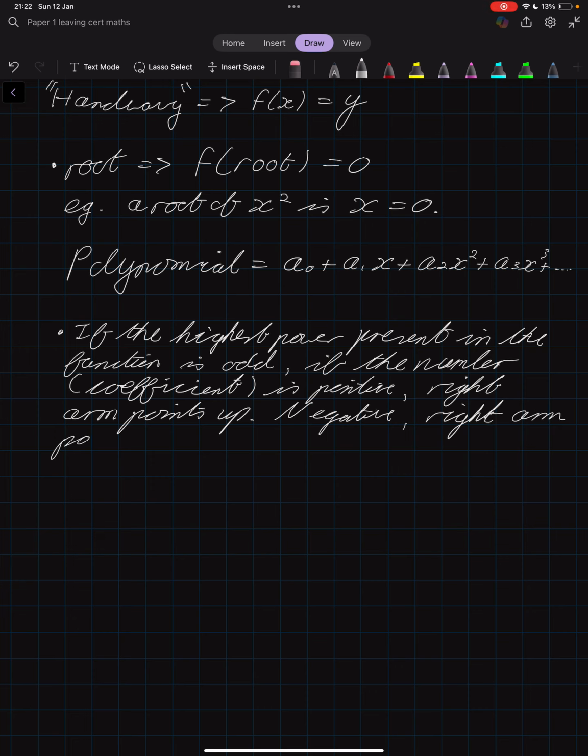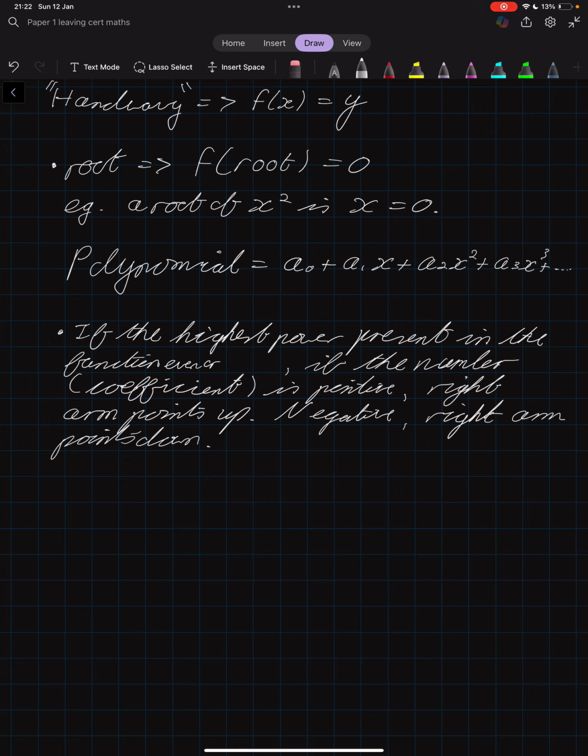Okay, so actually, 1 second. This is actually true if it's even or odd. So this actually works for all of them.